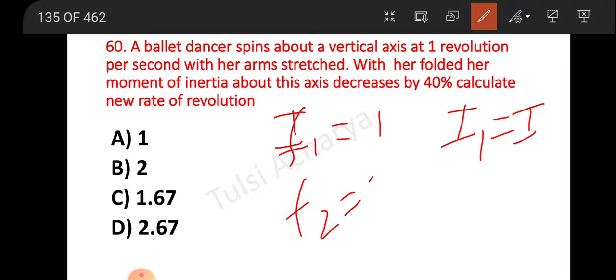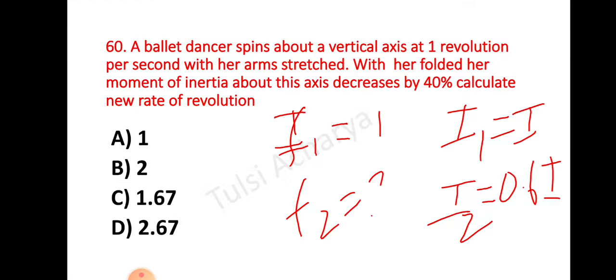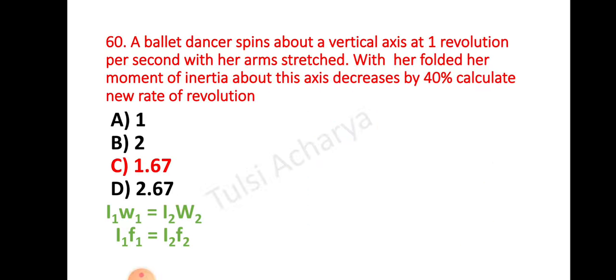Our I2 is 40% less, which means it is 60%, 0.6 I. Now use the principle of conservation of angular momentum, that is I1 f1 is equal to I2 f2, and our f2 will be 1.67. That is option choice C.